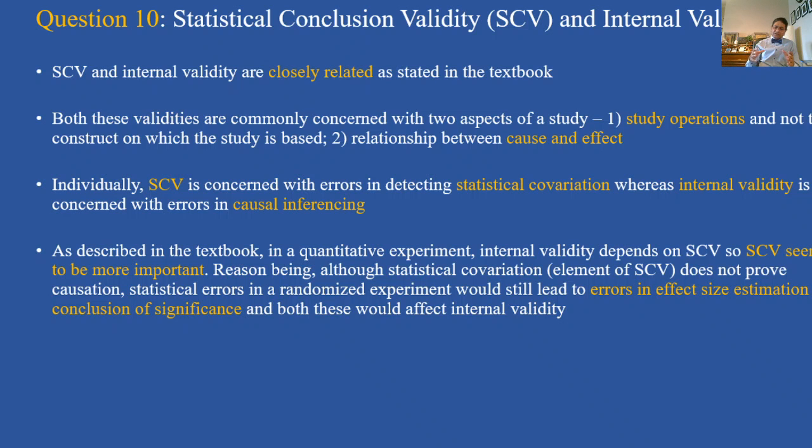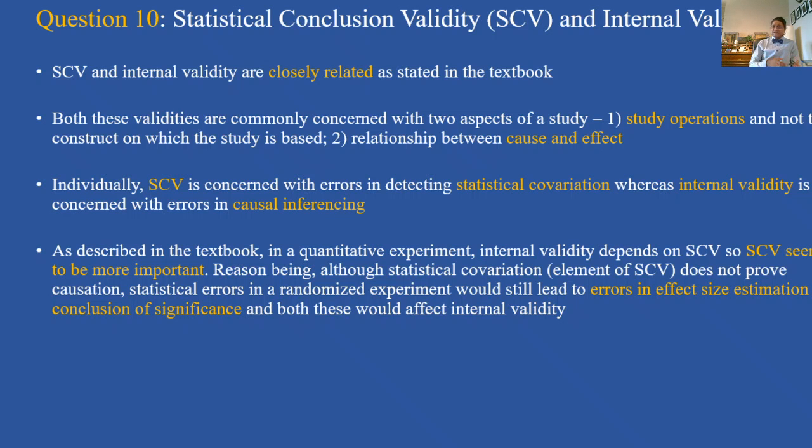Although statistical covariation is the important element of statistical conclusion validity, it doesn't prove causation. But in a quantitative experiment or a randomized experiment, statistical errors would still lead to errors in estimating effect sizes and deriving significance. Conclusion of significance would also be adversely affected. And both these would eventually affect the internal validity.